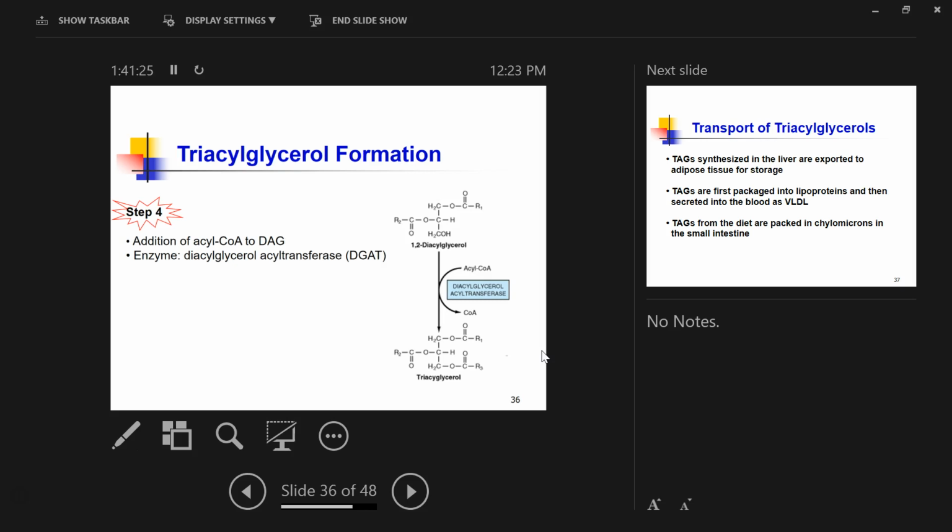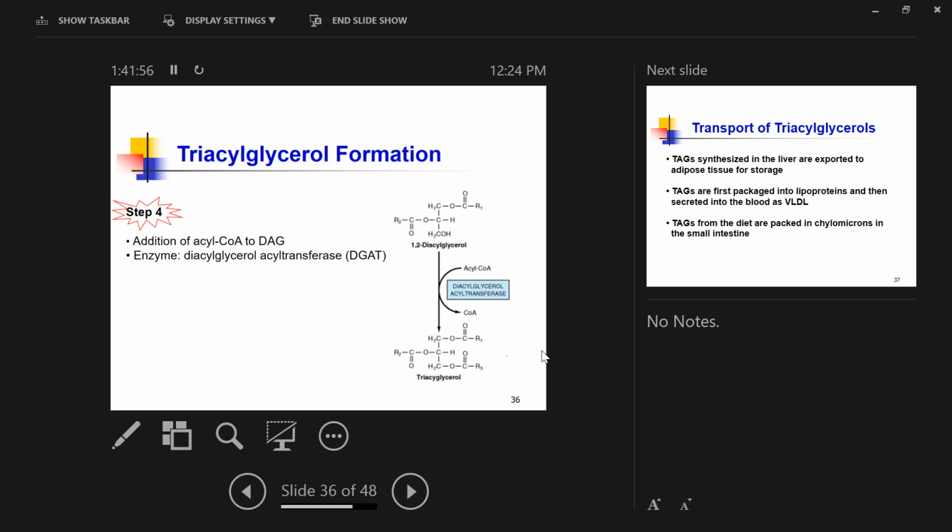And the enzyme, diacylglycerol acyltransferase, DGAT, is a key enzyme that controls the synthesis of triglyceride. DGAT catalyzes the last fatty acid being added to the SN3 position.